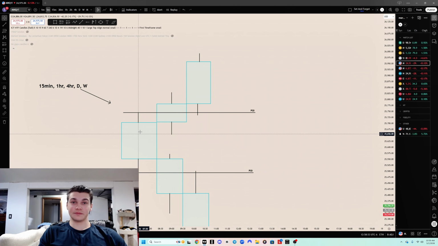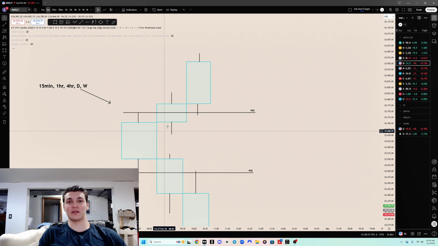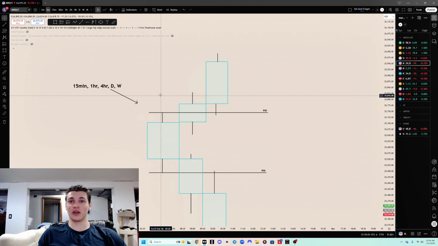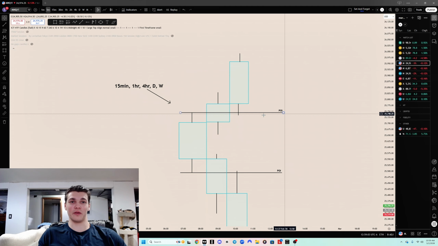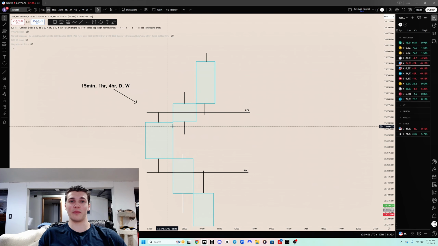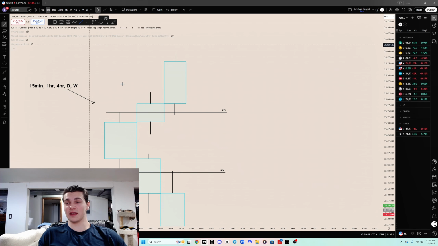If candles are breaking higher, closing outside of previous candle ranges higher, then this would be your first key level, the POI, the top of that wick that we broke out from. The second level is this right here.